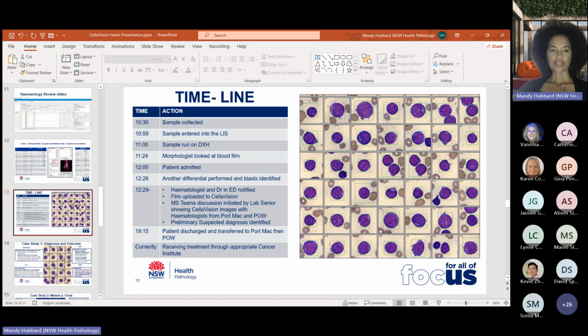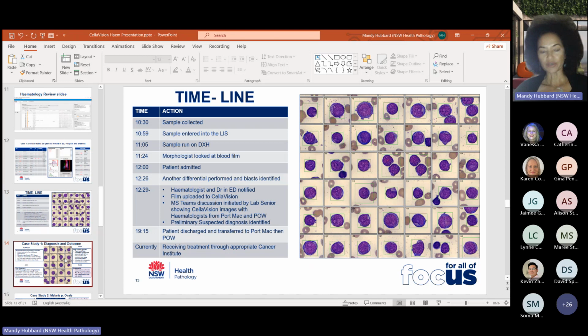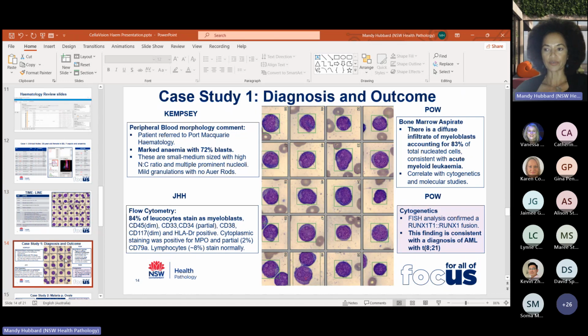If you look at the timeline, in a space of less than 9 hours it has gone from the patient presenting to ED, blood being collected, and having a preliminary diagnosis. If you look back, this could have taken some time between taking photos with a microscope to send images, or sending the manual slide down to where the hematologist might be located. So I think this was a great case of how Cellavision really improved patient care for this patient.